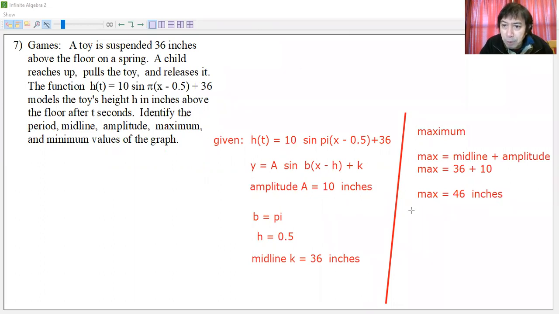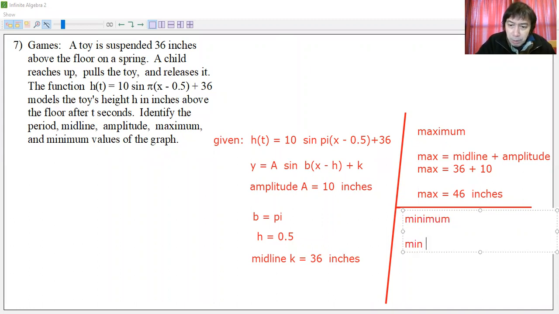Next, we compute for the minimum value. We have min is equal to midline minus the amplitude. We're going to subtract the amplitude.